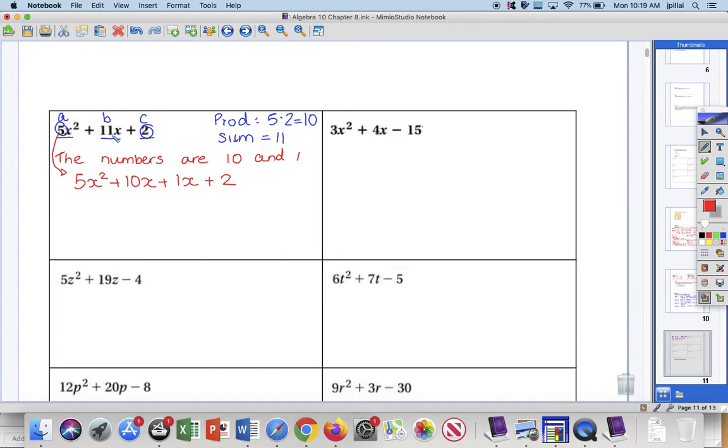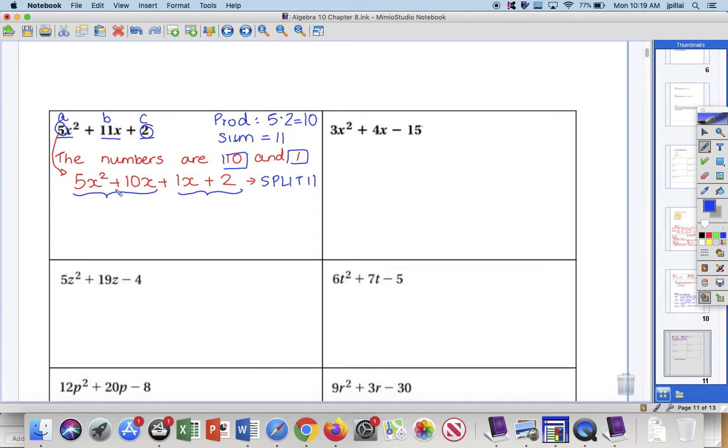So step 1, what did we do? We split the 11 into the two numbers that you found, which is 10 and 1.